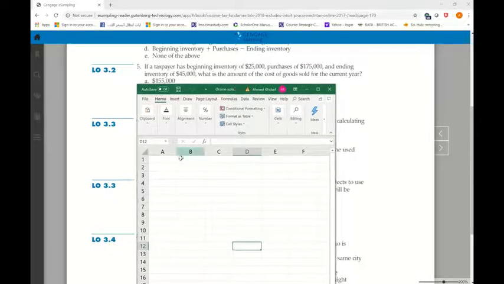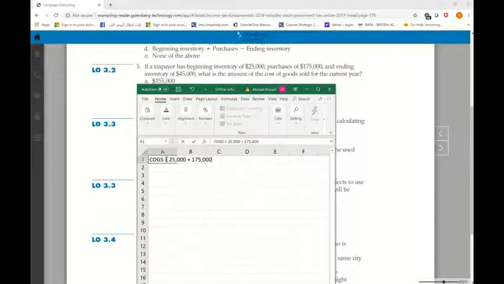Cost of goods sold equals beginning inventory, which is 25,000, plus purchase, which is 175,000, excluding the ending inventory, which is 45,000.